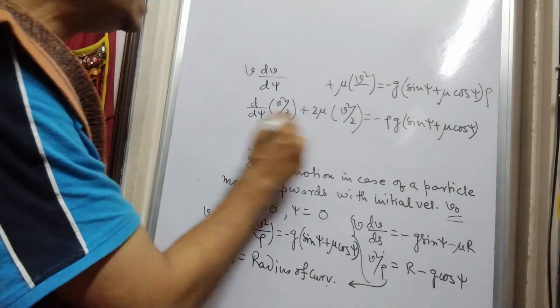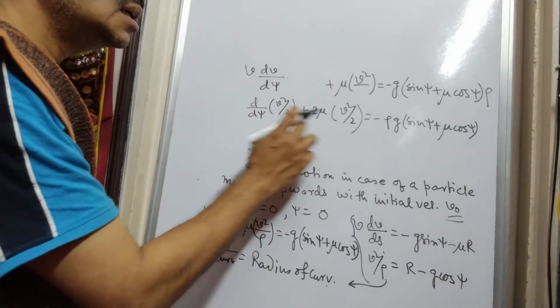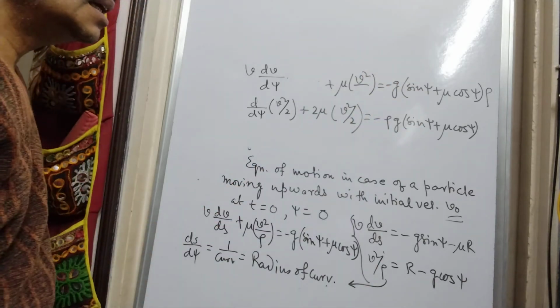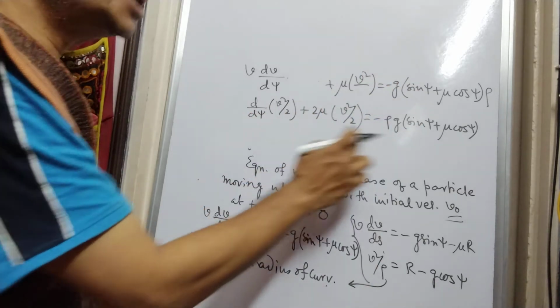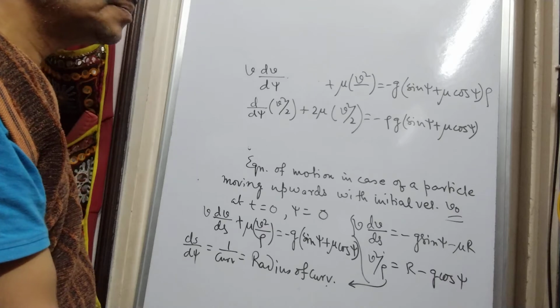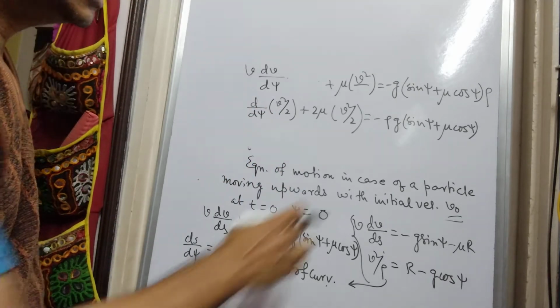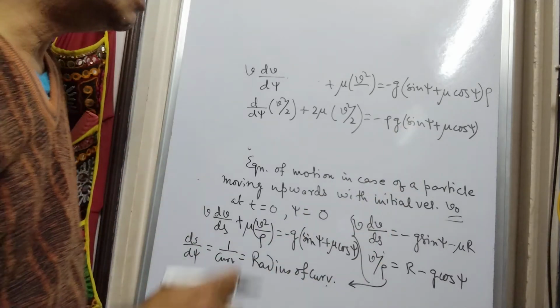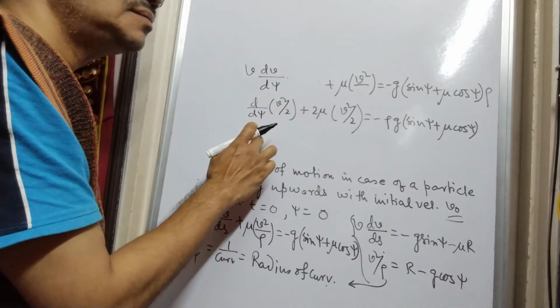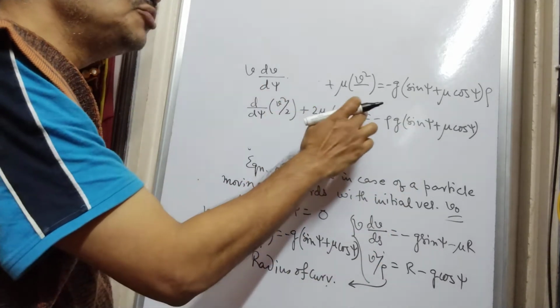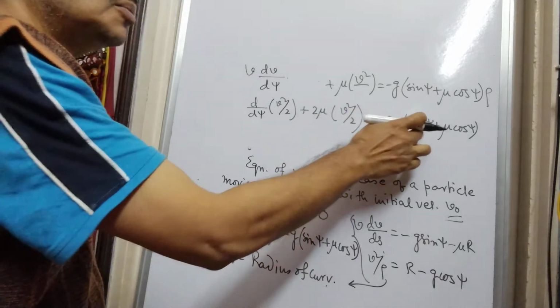so this is a linear differential equation which has integrating factor e to the power 2 mu psi. Isn't it so? If we take v square by 2 to be the dependent variable and psi to be the independent variable, this is nothing but dz d psi plus 2 mu z equal to some function of psi.